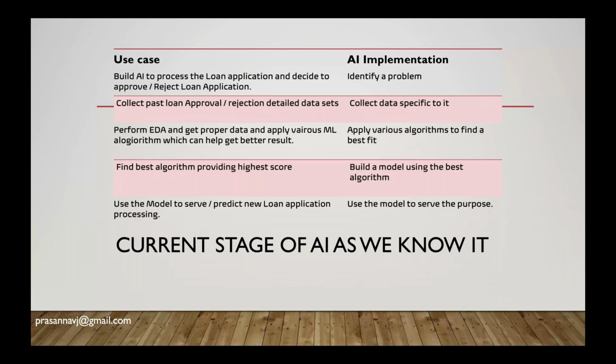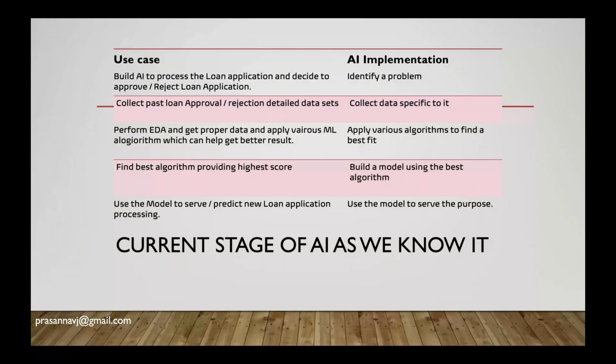So what is the purpose? Can't we use the work that you have done for so many months? Can't you use that knowledge, that outcome, for any other similar problems?